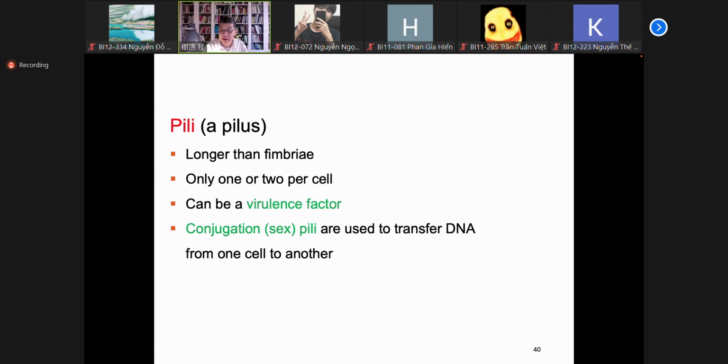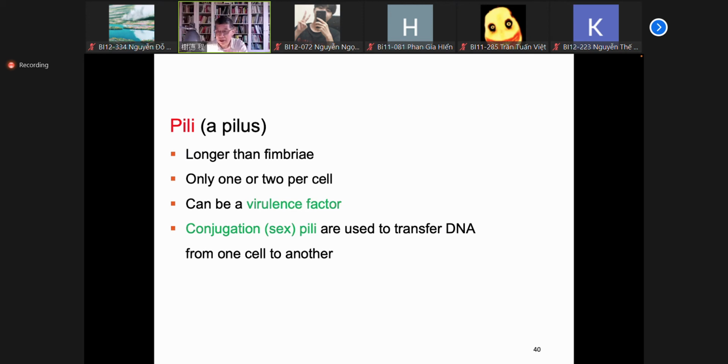And if there is a surface with a molecule, so that the pili, when attaching a male, it cannot latch onto the male's body.